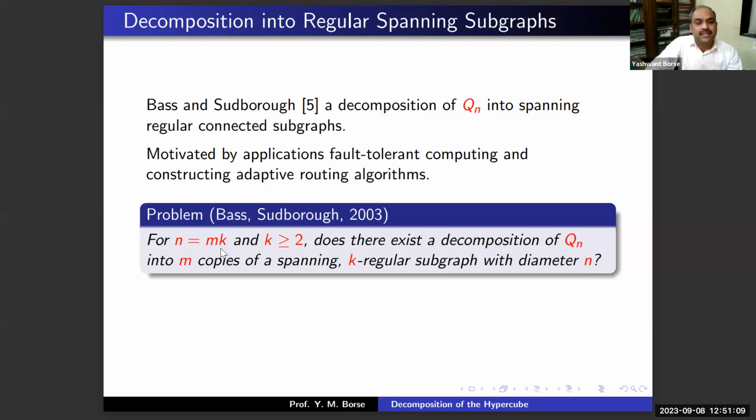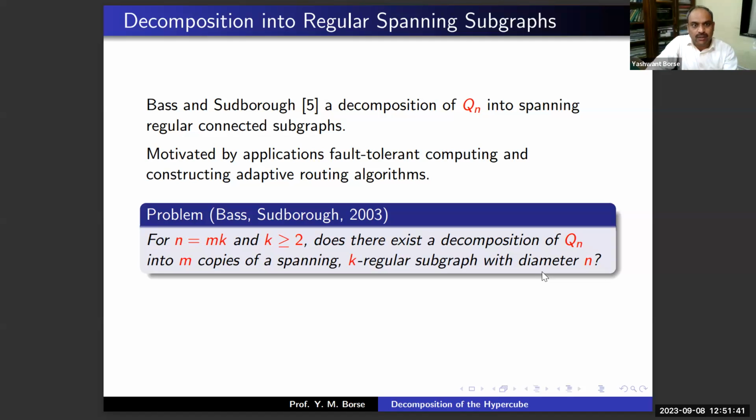Suppose n is a multiple of m, say n equal to mk, and k greater than or equal to 2. Does there exist a decomposition of Qn into m copies of a spanning k regular, connected, we can also assume connected, subgraph with diameter n?